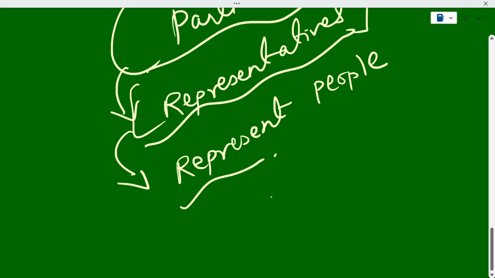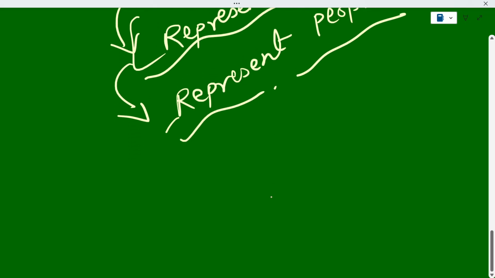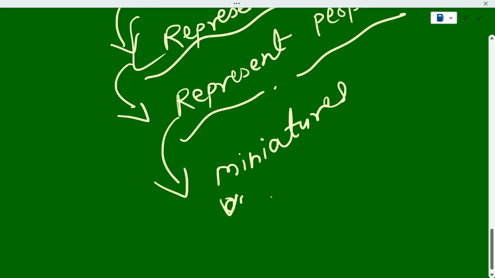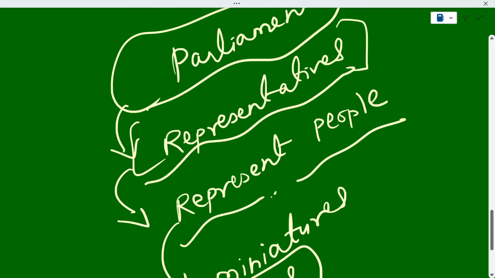In short, if they have arrived, it means a whole section which they represent has arrived as well. So it's like they are miniatures, or they are voices of people.